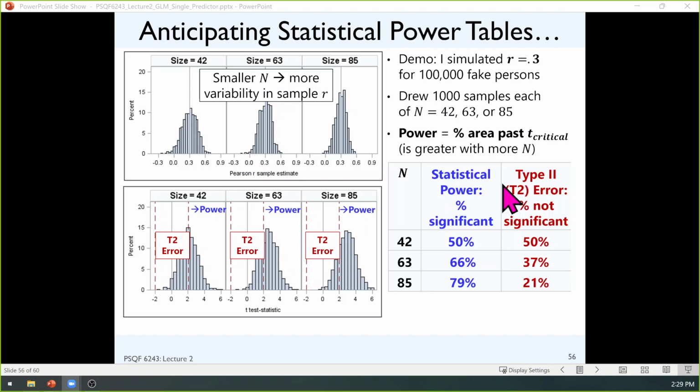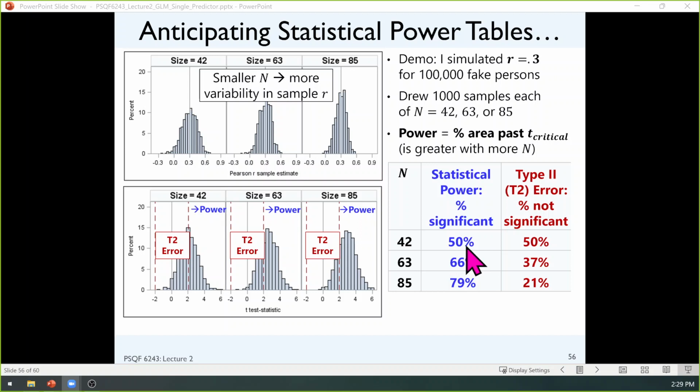My bad. But I have it color coded. Does that count for something? So the proportion of samples in which my correlation was found to be significant is my power. And at 42 people, it's half the time.